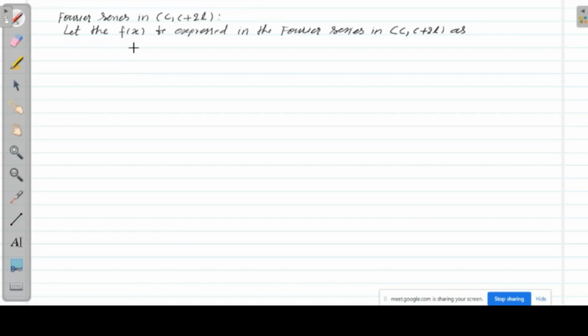So we have the function f of x, and we express this function in terms of Fourier series.